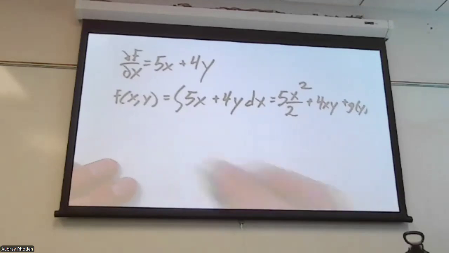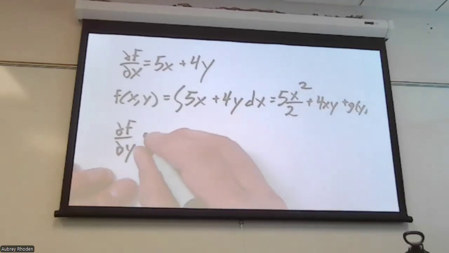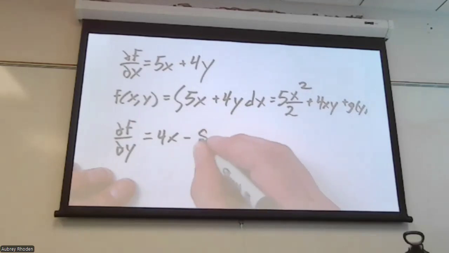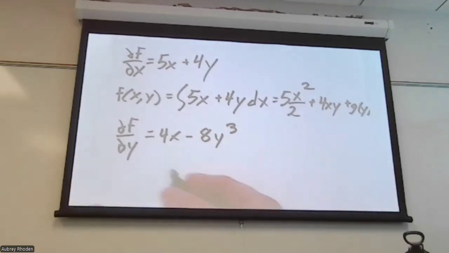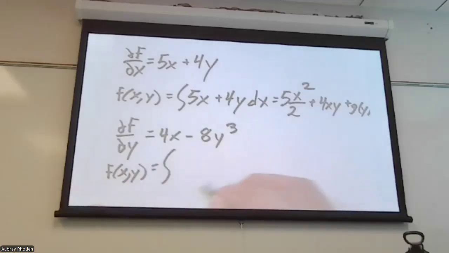Now the partial derivative of f with respect to y is going to equal the other one, so that's 4x minus 8y cubed. And so that means that my f of x, y is going to equal the integral of 4x minus 8y cubed with respect to y.